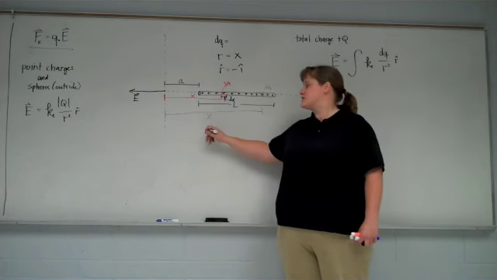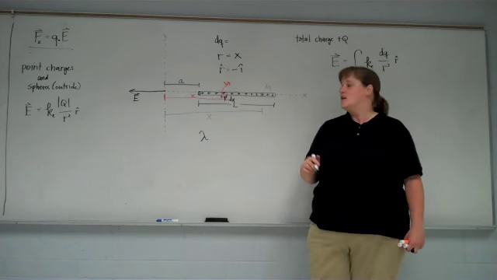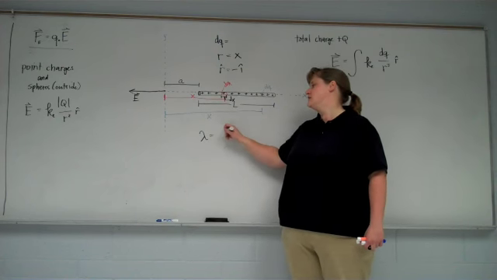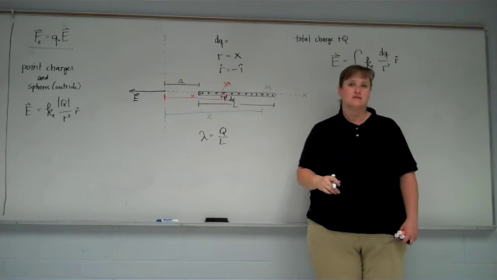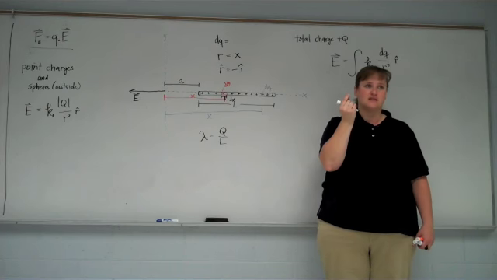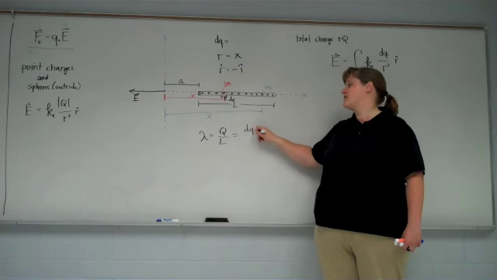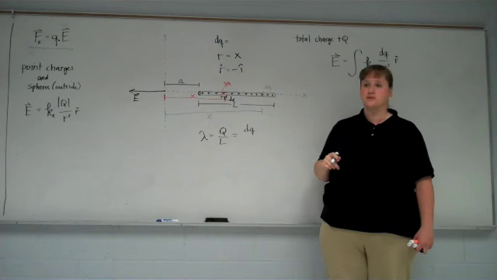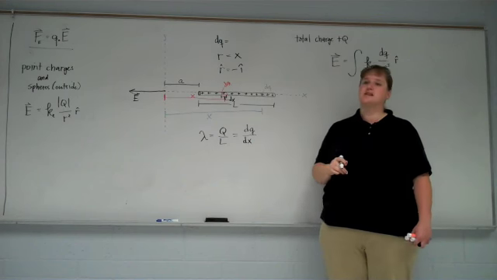We can relate the two by way of the linear charge density. We know lambda is total charge over total length. But if we pulled out that little teeny tiny chunk, we haven't changed the density. It's the same thing as the amount of charge on that little chunk, which would be dq, over the length of that little chunk, which would be dx.